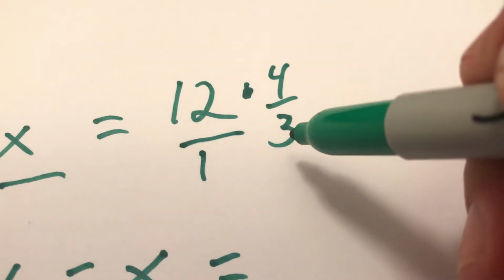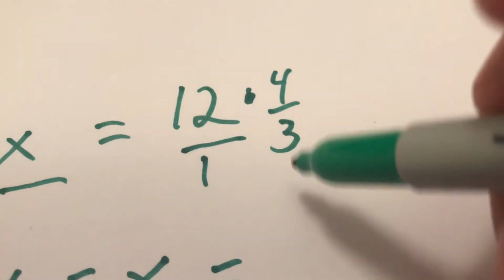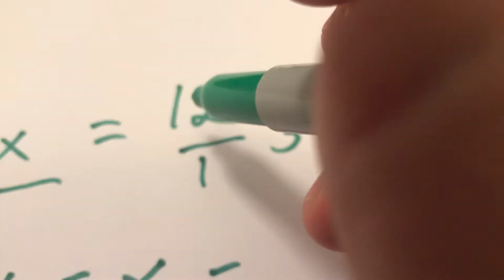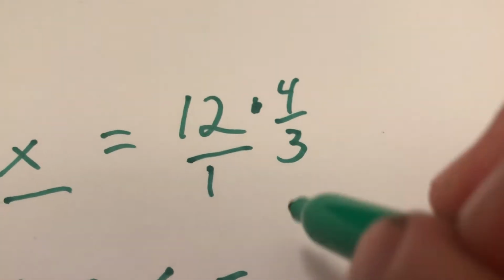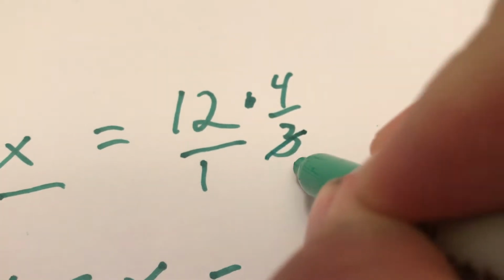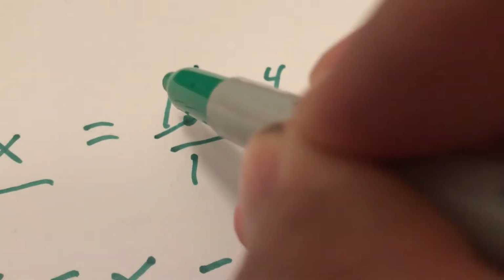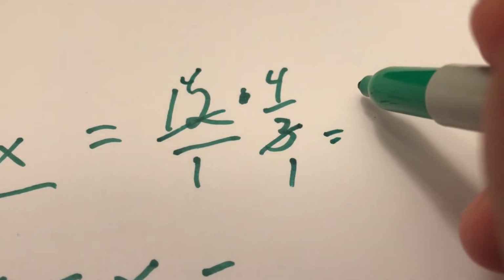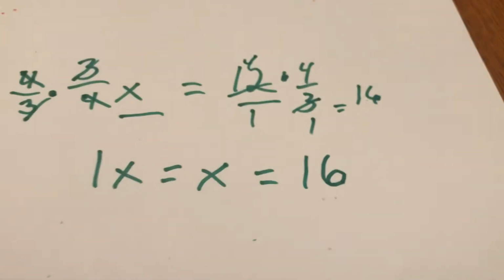Because of cross canceling, I know my factors of 12, 1, 2, 3, 4, 6, and 12. So 3 goes into 3 once, and 3 goes into 12 4 times, and then I multiply that, so that would be 16. So I know x equals 16.